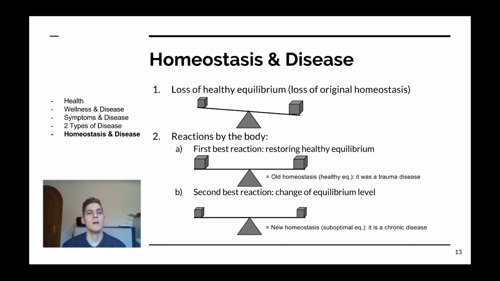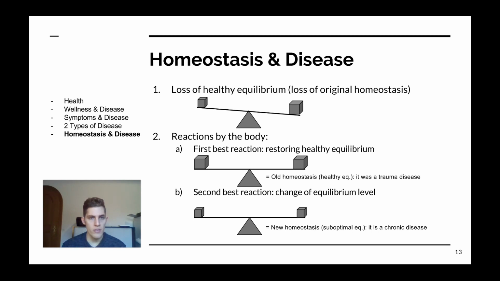Now, let's use two examples from everyday life to help us understand what homeostasis is about, how it relates to disease, and how there can be different homeostasis and how they influence our health and our performance.